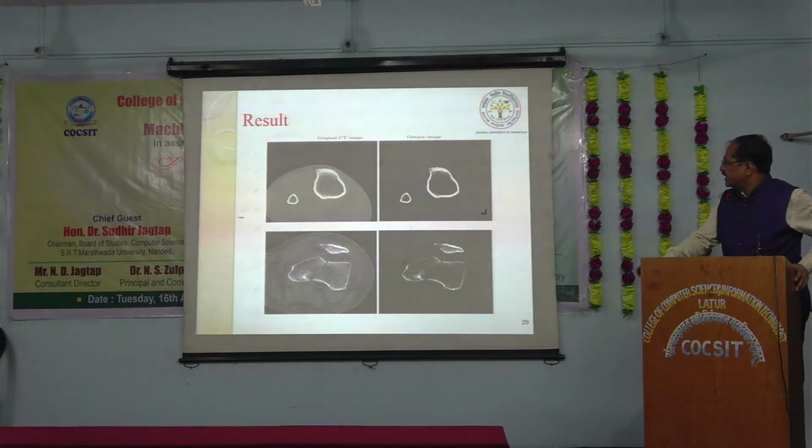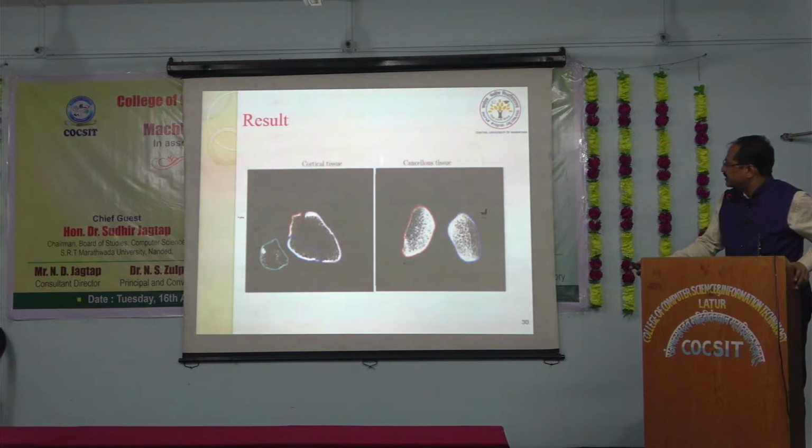These are some of the results. That is the original CT image, and after applying our processing it looks like this. You can see the unwanted background has been removed, and we have retained the black background and our bone region, which is important for us.